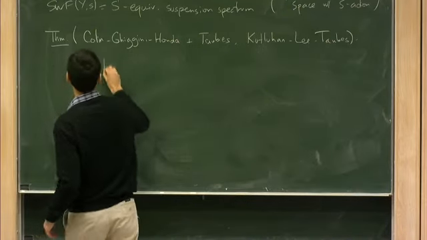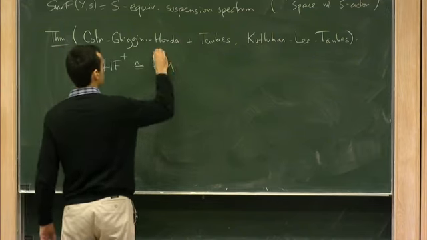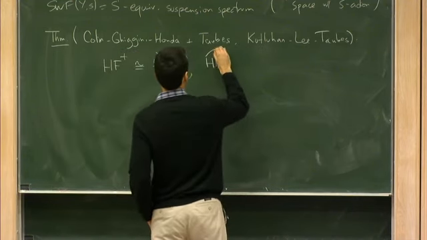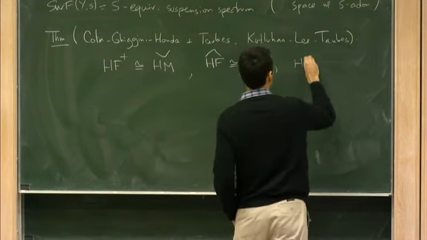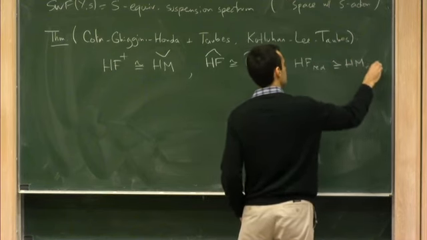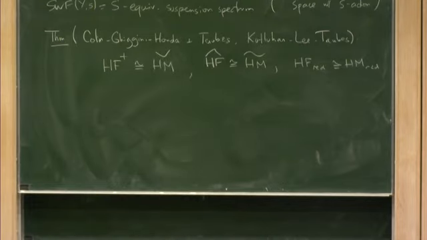So HF plus is isomorphic to HM bar, and HF hat is isomorphic to HM tilde, and HF red is isomorphic to HM red. Great, so basically there's no difference between them.